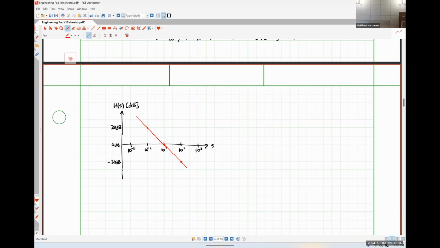So effectively, what we see is a line that passes through the x-axis at S equal to 10 to the 0, or 1, and it has a slope of negative 20 decibels per decade.